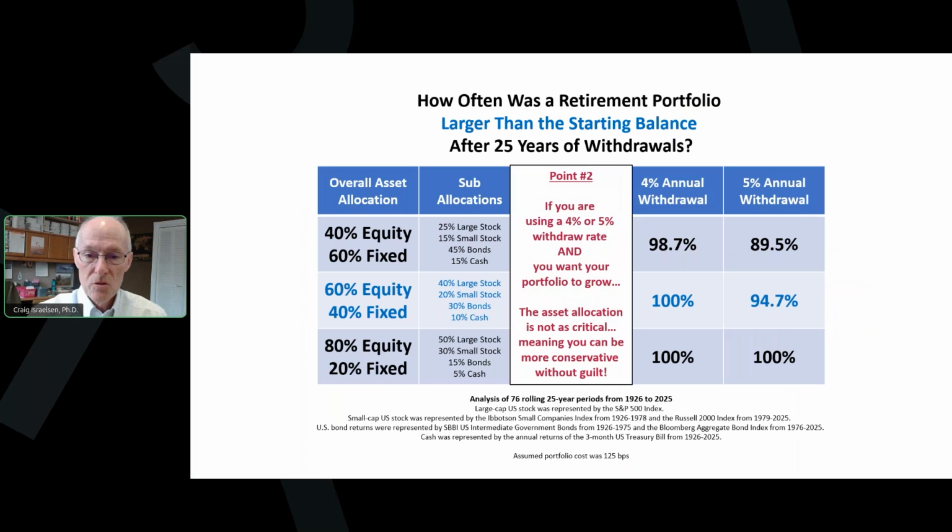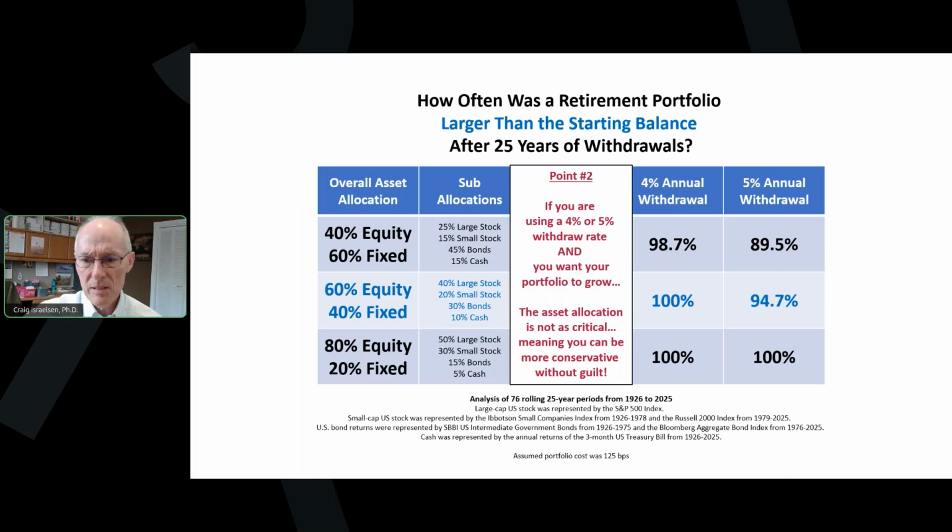By contrast, point number two, if you have a large balance of retirement monies in accounts that are not impacted by the RMD, so you have just brokerage accounts, Roth IRAs, money in a savings account, money in a checking account, and you intend to use a very straightforward withdrawal rate, such as 4% or 5% annually, and as before, you want your portfolio to grow, then the asset allocation is not as critical.